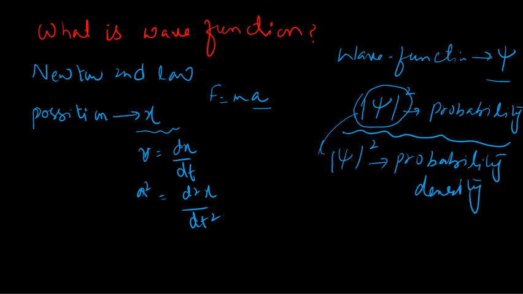So this amplitude square is proportional to the probability of finding the particle, and it is equal to the product of psi and its conjugate, psi star. Psi is a complex quantity, so the wave function can be written as psi equals a plus iota b, then its complex conjugate will be a minus iota b.